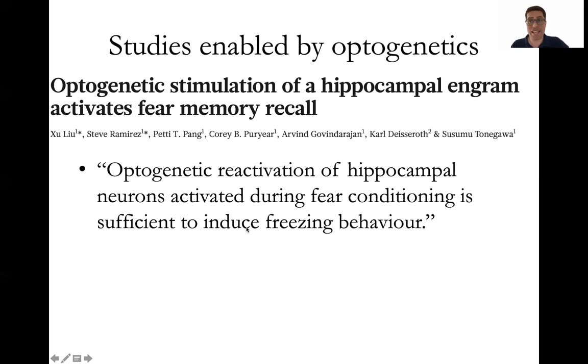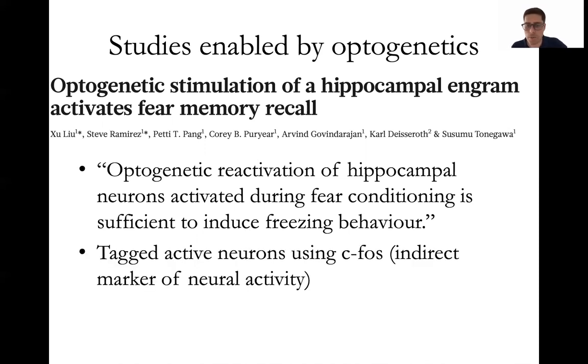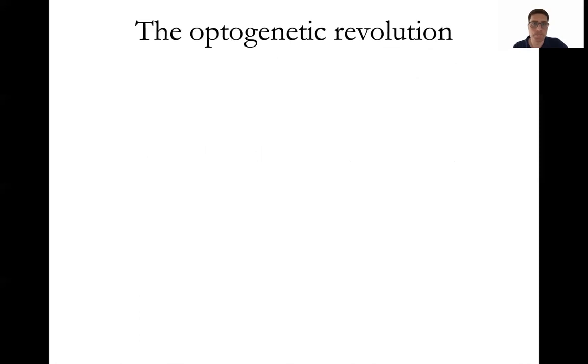Now, whether or not that is exactly and precisely a memory is, of course, up for debate and interpretation. But it's very interesting the way they did this. They tagged these active neurons via yet another clever way of labeling neurons using c-Fos, which is an indirect marker of neural activity. So they could go back and say which neurons were active during a certain time period.